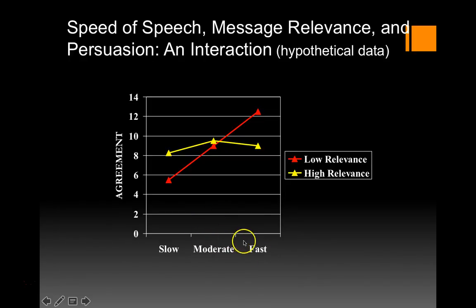And participants in each of these speech rate conditions are going to get the message either under high or low relevance conditions. So how will we manipulate relevance? Well, remember the hypothetical message in our first study was advocating that in order to graduate from John Jay College, you would need to pass a comprehensive exam in your major.